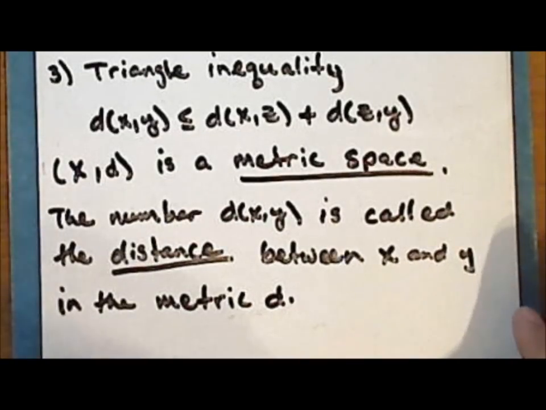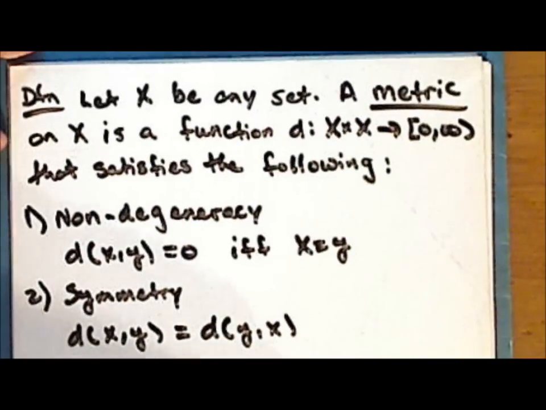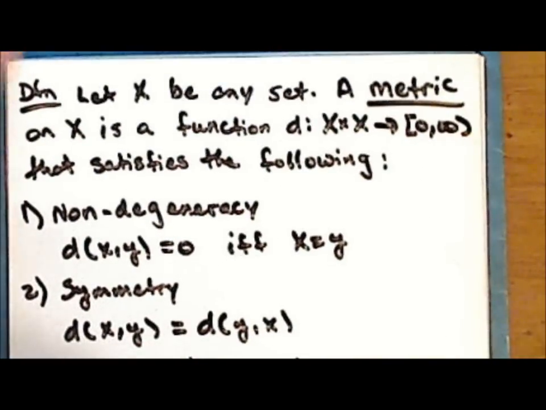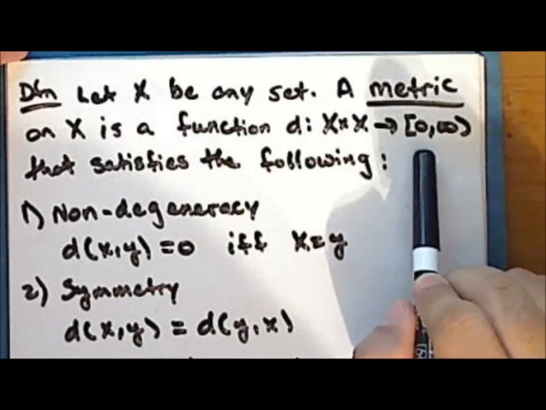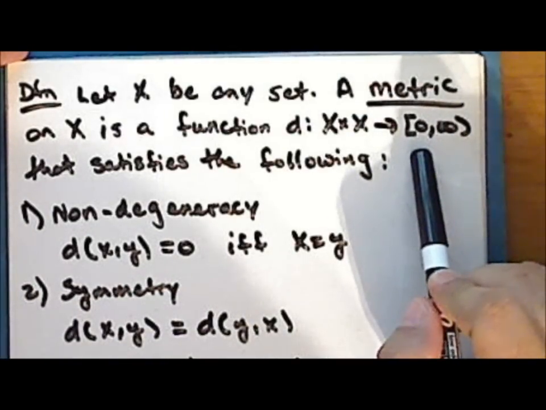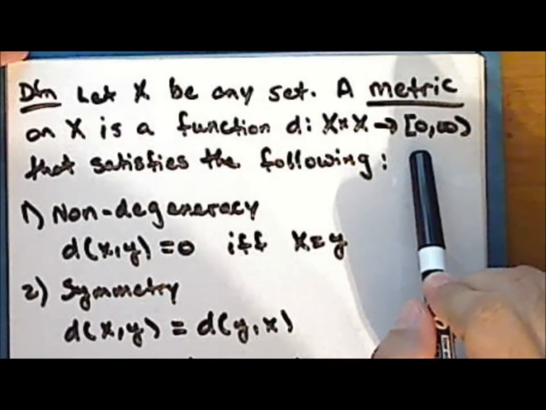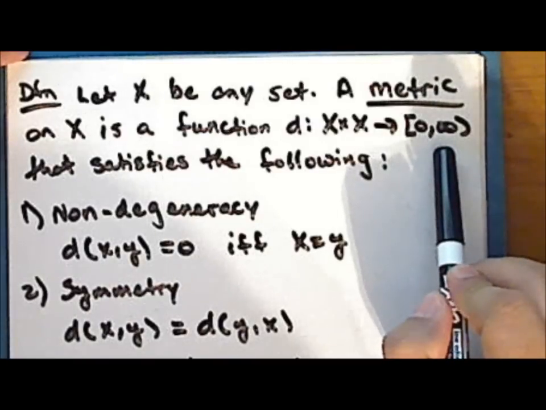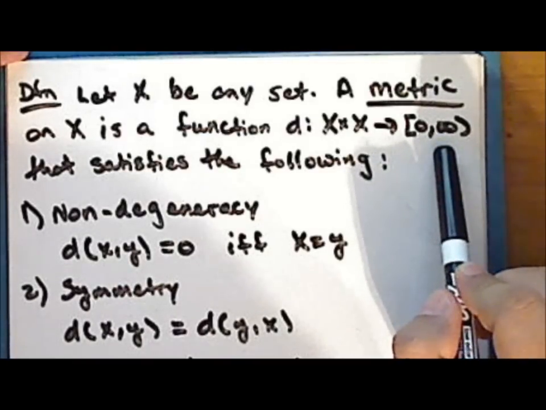Okay, so let's quickly compare and contrast a metric with a measure. Recall that a measure is a function from a sigma algebra into the non-negative subset of the extended real line, which includes the symbol infinity.